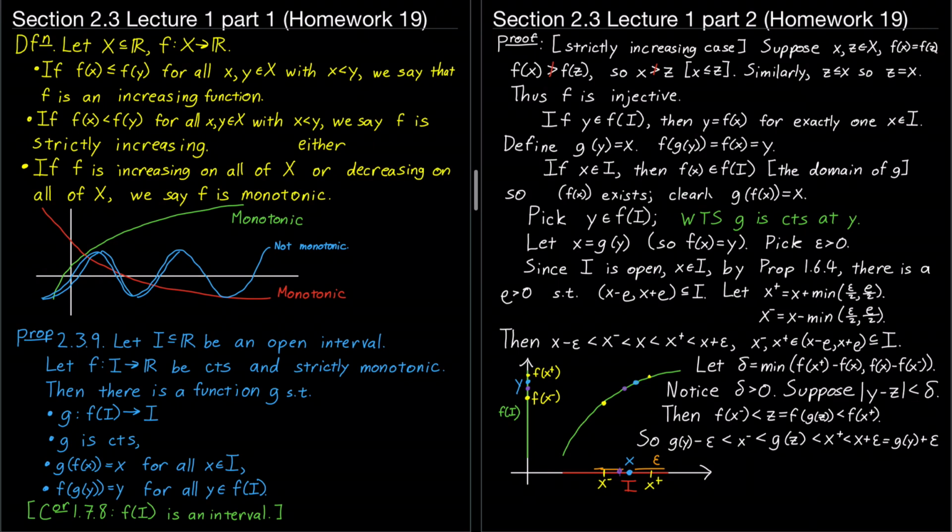So we've got this long chain of inequalities. And we can write this as the absolute value of g of y minus g of z is less than epsilon. So we picked an epsilon, we found a delta such that if y minus z is less than delta, then g of y minus g of z is less than epsilon.